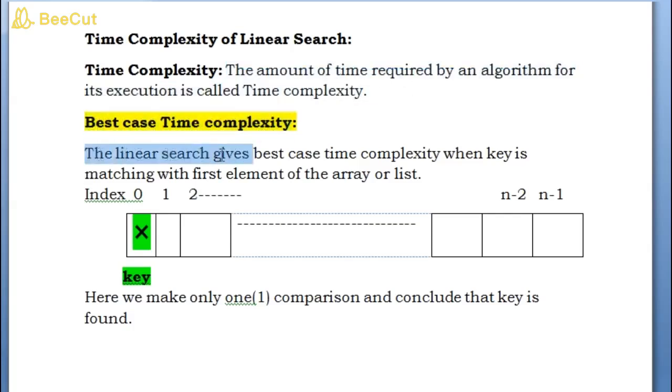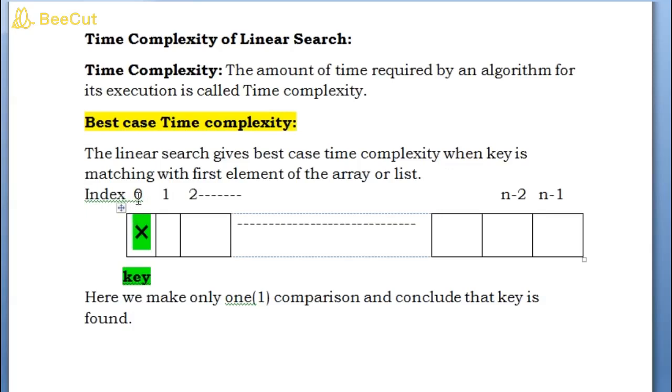Linear search gives best case time complexity when the key is matching with the first element of the array or list. As we know, the value to be searched is called the key. If that key is equal to or matching with the first element of the array, see this example.